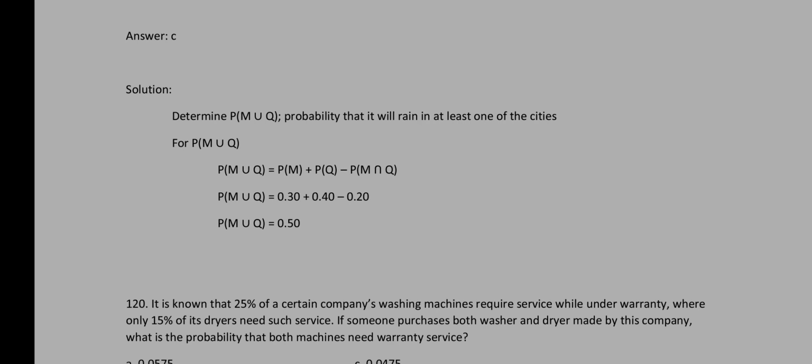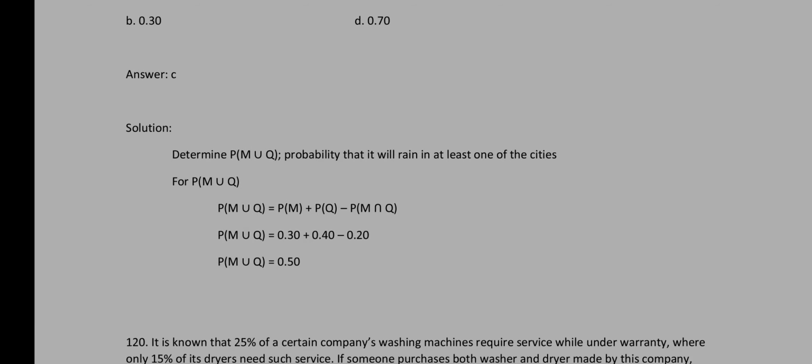Solution, determine yung P, probability ng M union Q, probability that it will rain in at least one of the cities. So, P of M union Q is P of M plus P of Q minus P of M intersection Q. P of M union Q is equal to 0.30 plus 0.40 minus 0.20.